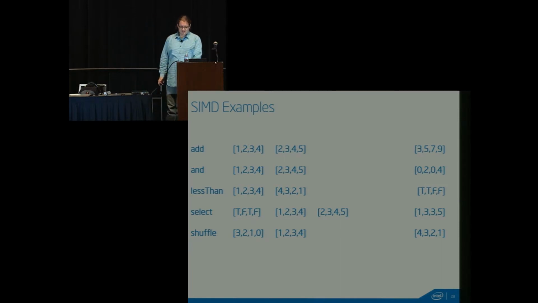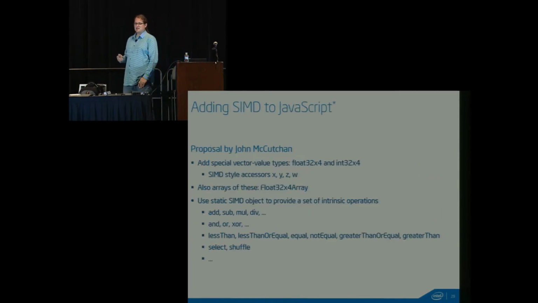So what does this have to do with JavaScript? Well, there's a proposal by John McCutcheon, I hope I pronounced his name right, to add this programming model to JavaScript. And the idea of how to do this is essentially you add special types for these vectors, like Float32x4 and Int32x4.